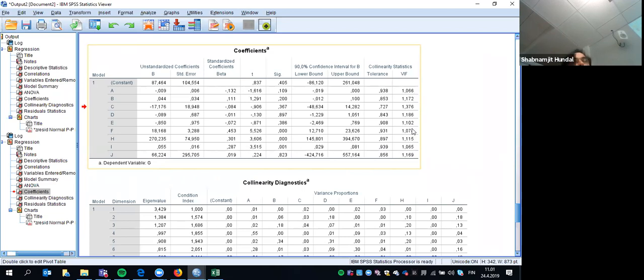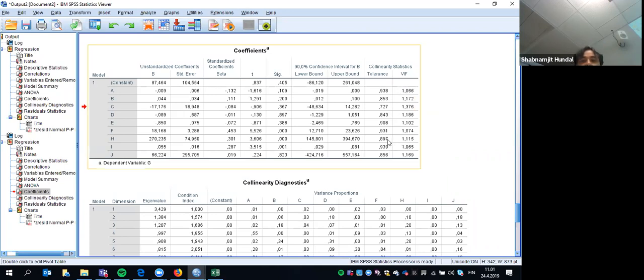Fortunately, none of them is below 0.1. So this value we always want to see more than 0.1. In other words, when you divide 1 by this, you get this, okay? So fortunately, none of them is a problem. But the thing is, what if there's a problem?